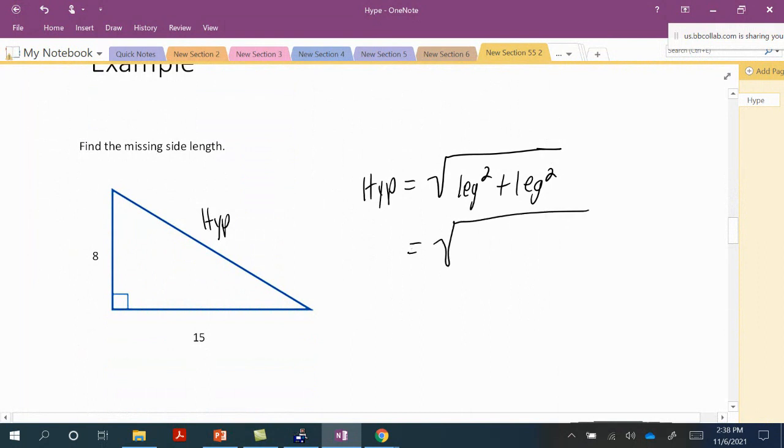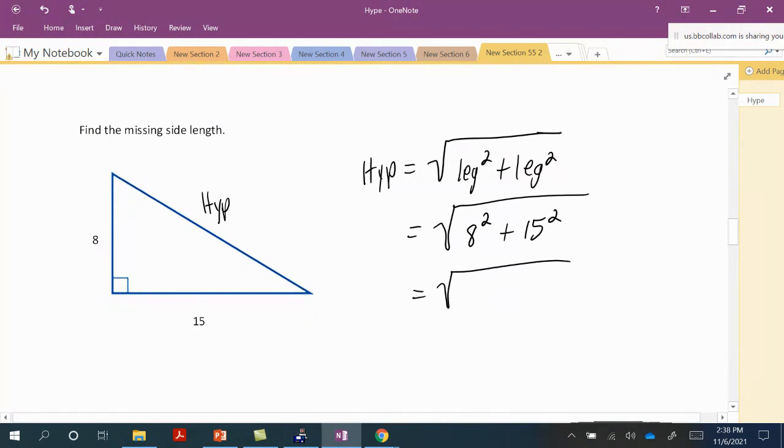So the hypotenuse is going to equal the square root of one of the legs squared. So I'm going to use 8 squared plus the other leg squared, which is 15 squared. I'm going to simplify. 8 squared is 64 plus 15 squared is 225.